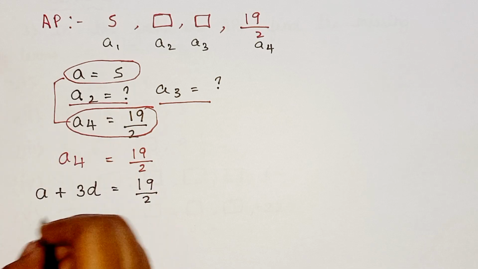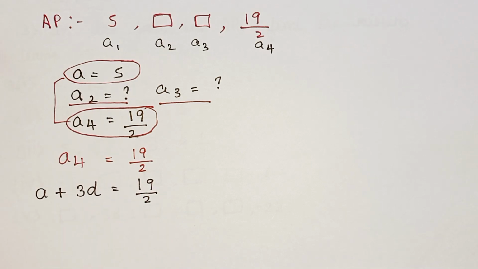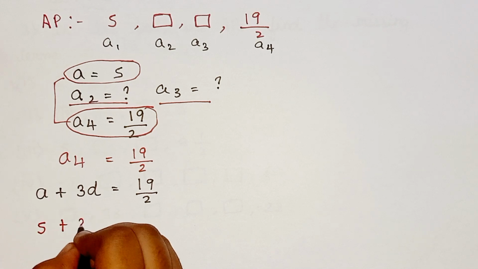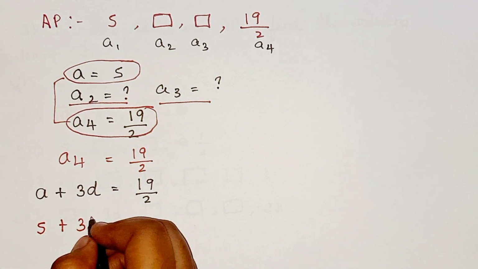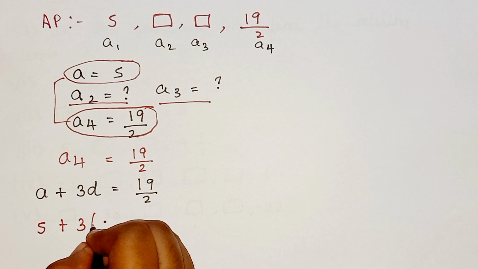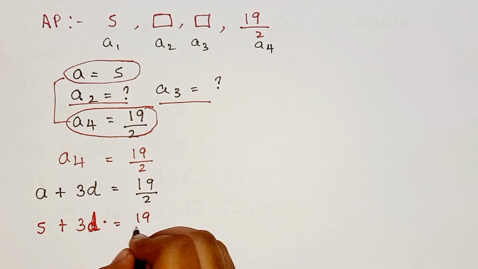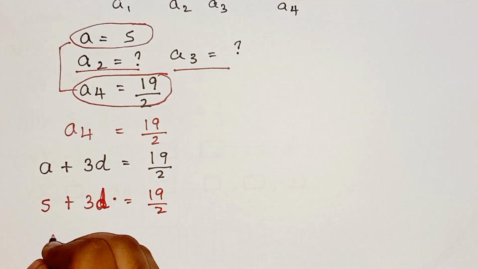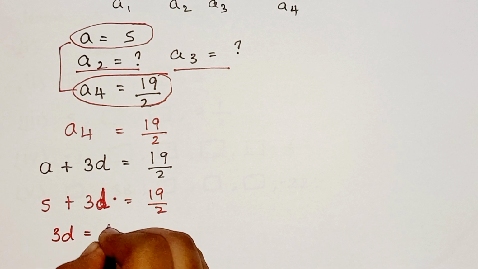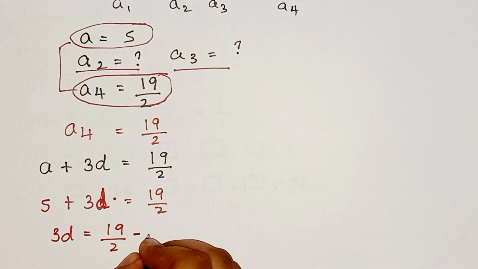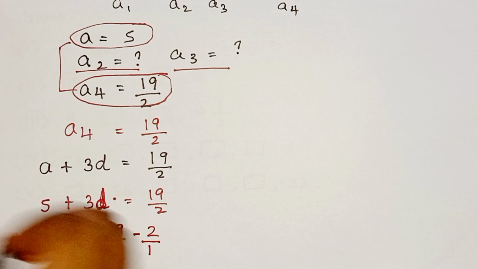We can substitute the A value. So A value is 5 plus 3, and here we don't know the common difference, so we write D, is equal to 19 by 2. Now we can write 3D is equal to 19 by 2. When this comes to this side, it changes into minus 2. Here nothing is there means 1.